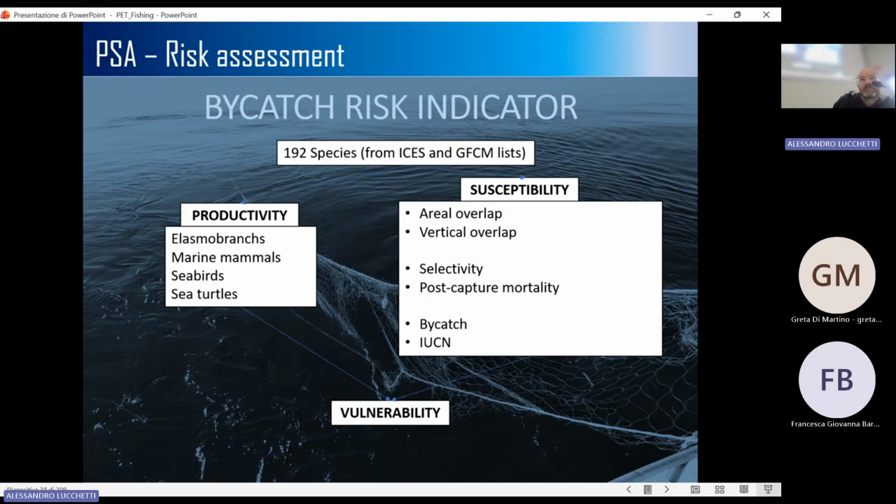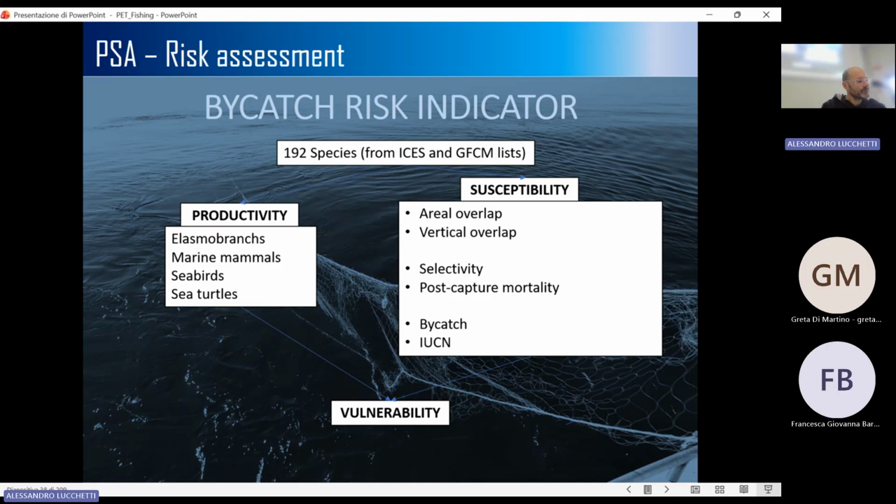But sometimes instead of making estimates, especially for, let's say, vulnerable species, instead of making estimates of the population at sea, we can approach this problem with a risk assessment. I mean, yesterday Giuseppe probably spoke about the stock assessment, benchmark, reference point, etc.